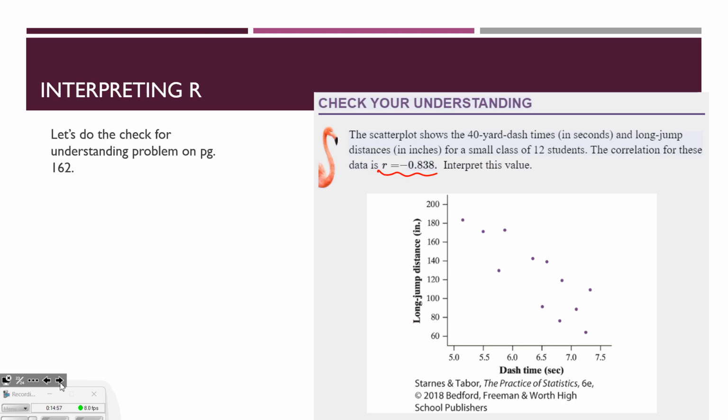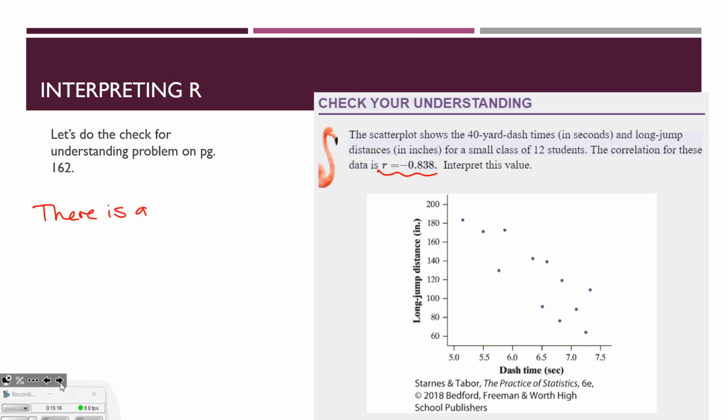So first of all, if I'm asked to interpret an R value, I should always think, let me double check, is the data linear? When I look at that scatter plot, it appears to be linear. So yes, it's okay for me to go ahead and interpret this. So my interpretation would be something like this.